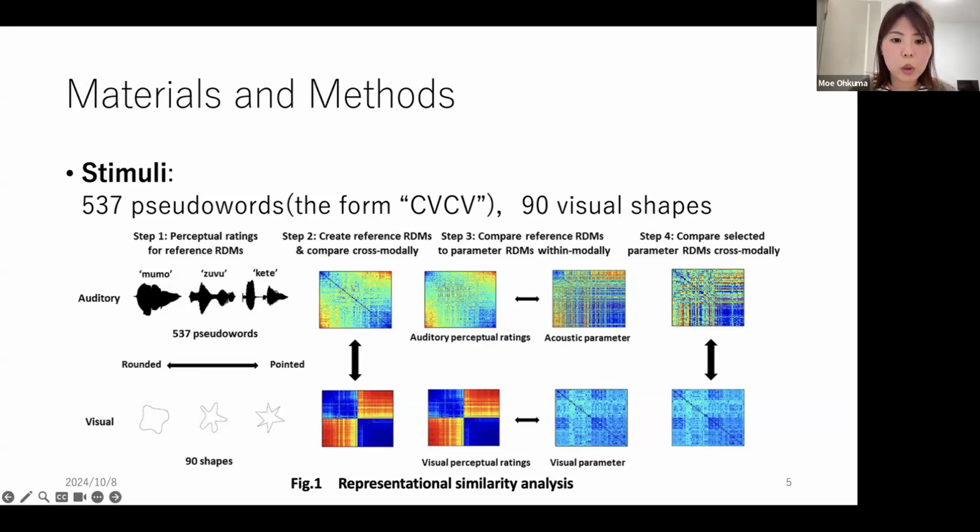Step 2, create reference RDMs and compare within modality. Next, step 3, compare reference RDMs to parameter RDMs within modality. The last step, step 4, is to compare selected parameter RDMs cross-modally.